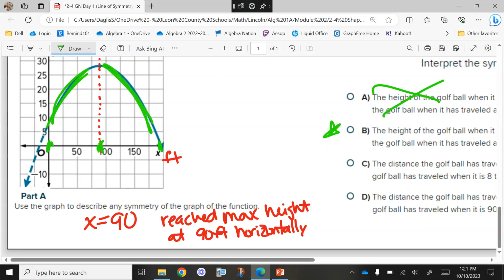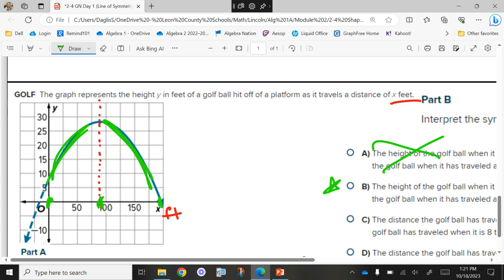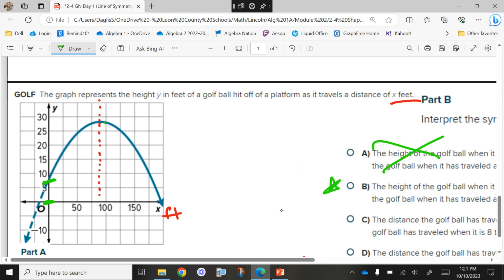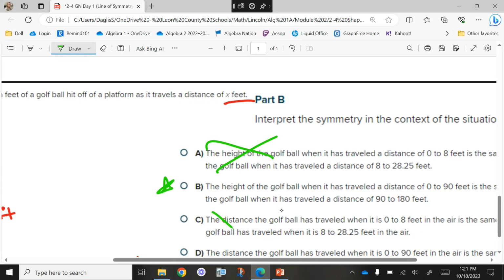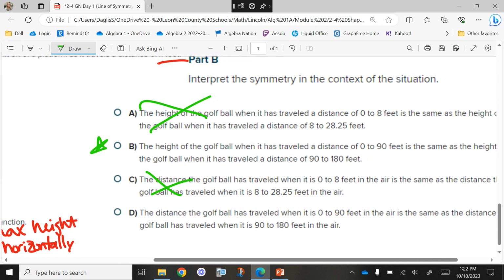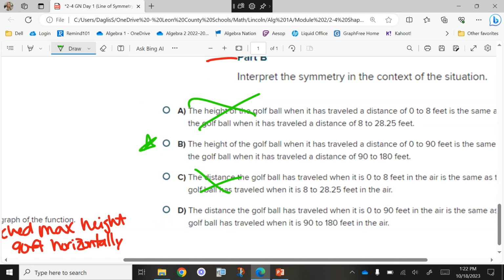So 0 to 8, they're saying that is the same as 8 to 28.5. Yeah, I would say no. I do not agree with that. Nope. The distance of the golf ball traveled when it's 0 to 90 feet in the air is the same distance as 90 to 180 feet in the air.